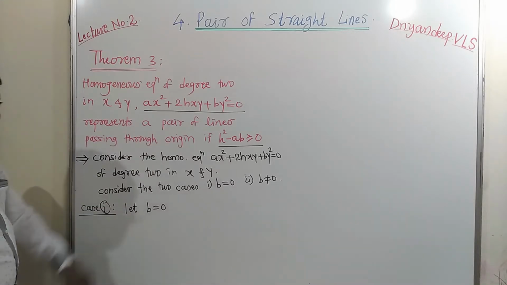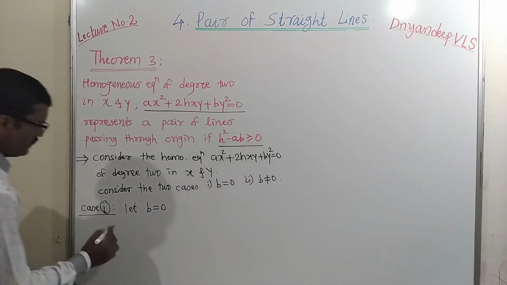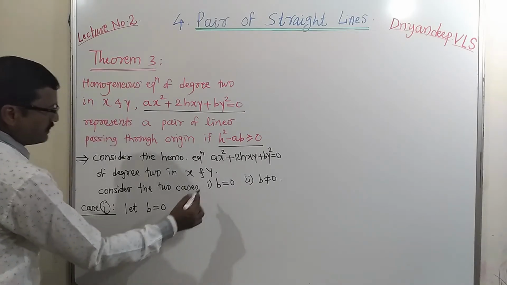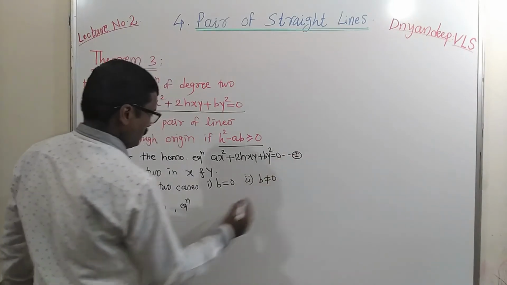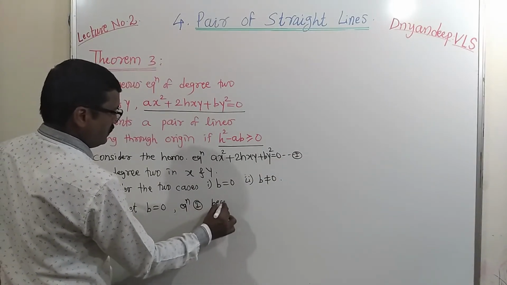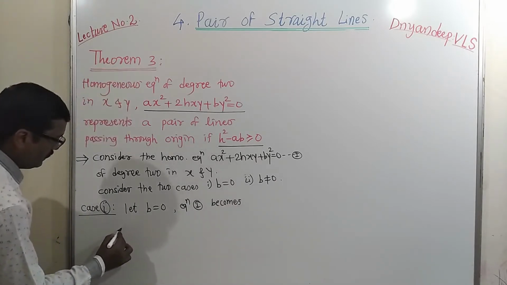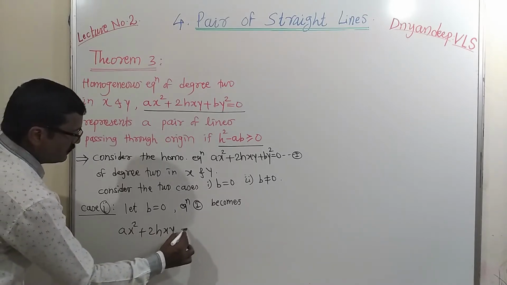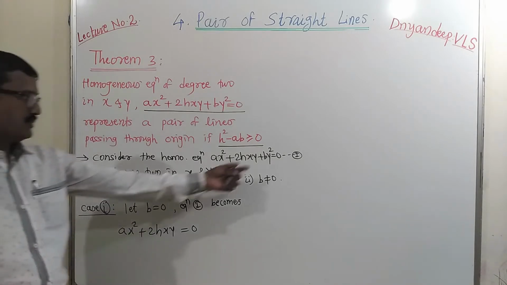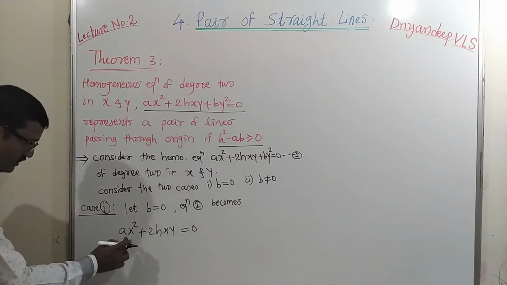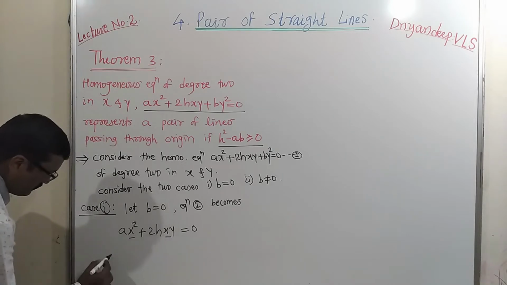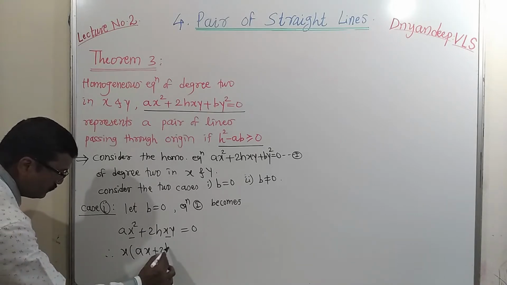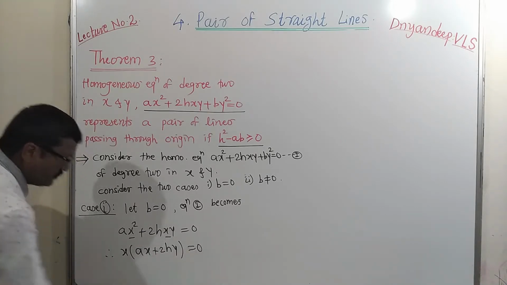Now whenever b equal to 0, equation 1 becomes ax square plus 2hxy equal to 0, because b is equal to 0, so the last term will become 0. Now from these two terms we can take common x, therefore x in bracket ax plus 2hy is equal to 0.